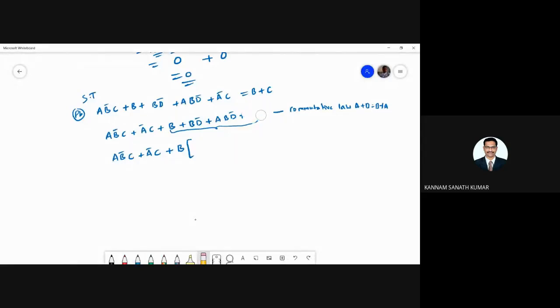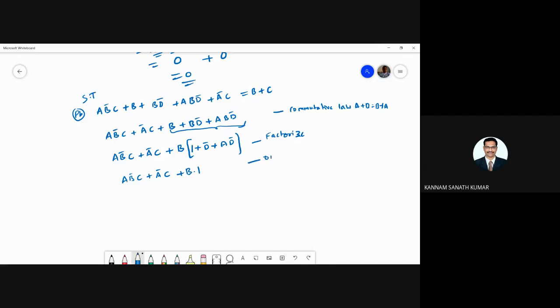C bar is not there. Anyway, A bar C I have written. So from these three terms, you can take B common. So what I'm getting: 1 plus D bar plus AD bar. This is a factorize, or distributive law. AB bar C plus A bar C plus B into 1.